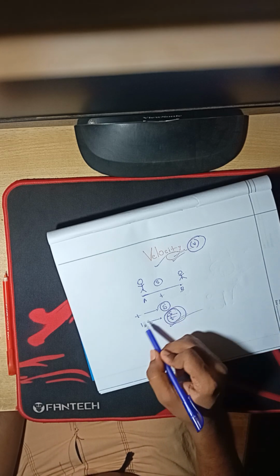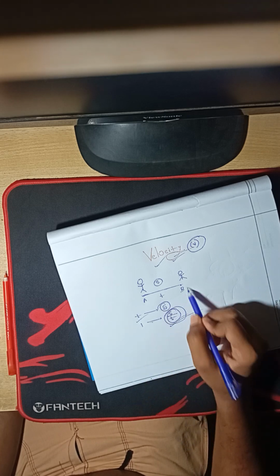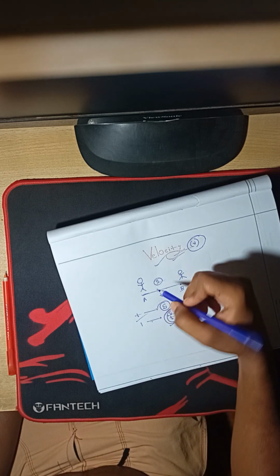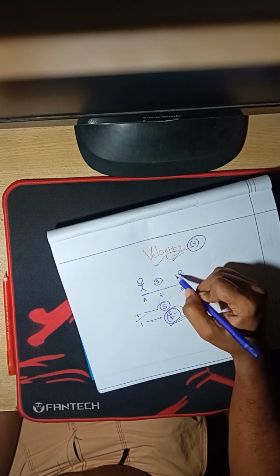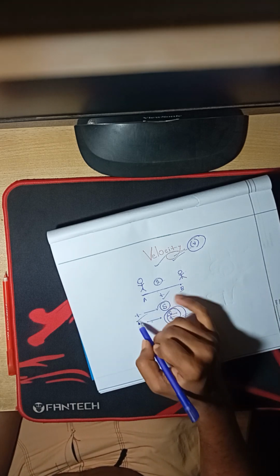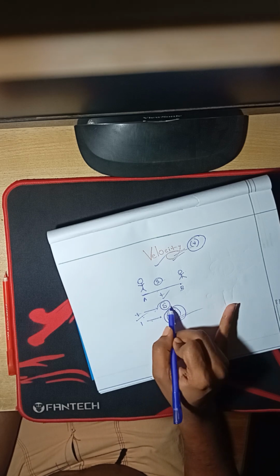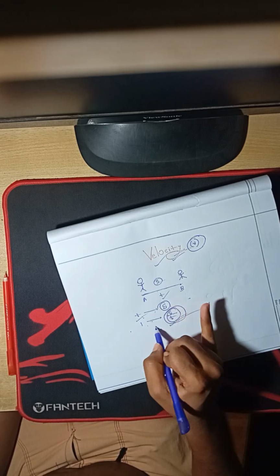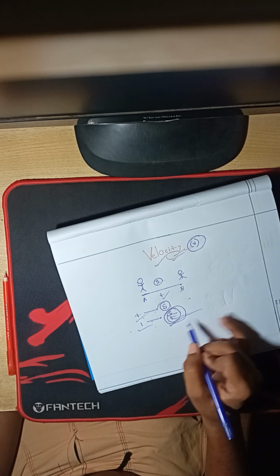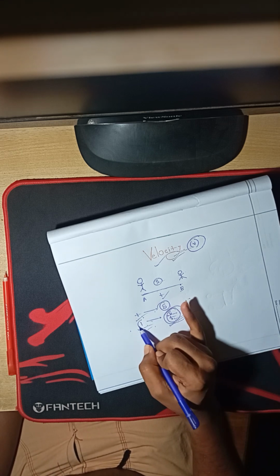If you go from one place to another by traveling S distance in a t time, then in 1 second you will cross S by t distance. So it is the distance you cross per second.